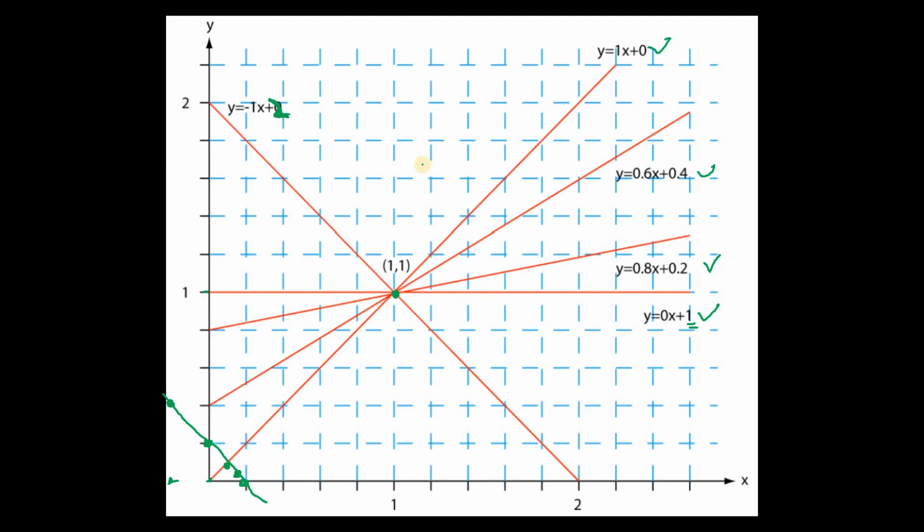So let's say I give you another point. For example, you take this point. Okay, so which point is this? 1 comma 2. Now you practice with 1 comma 2. Try to draw the straight lines. Definitely there can be an infinite number of lines passing through this. You cannot draw all of them.